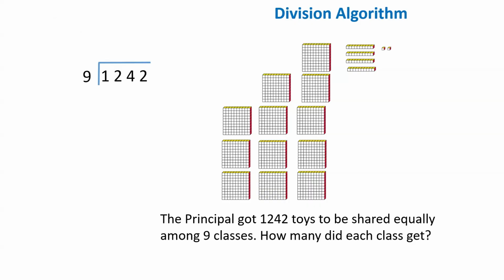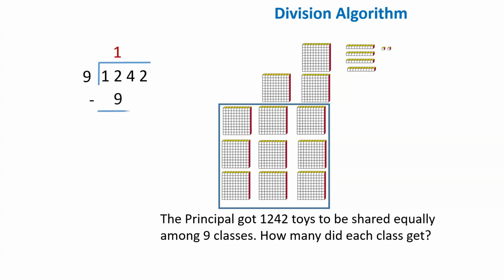Can we form a group of 9 here? Yes, we can easily form one group of 9. So if we have one group of 9, we have one square. Can we get a second group of 9 there in the squares? No, we can't. So we have one square, and we can put that up. What that means is out of the 12, we use 9.